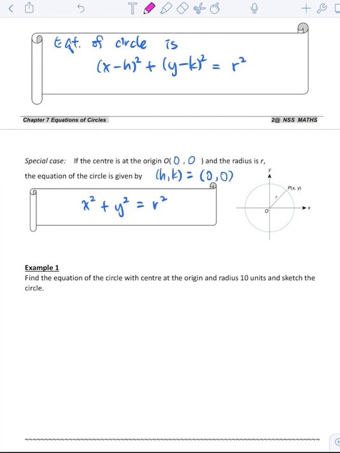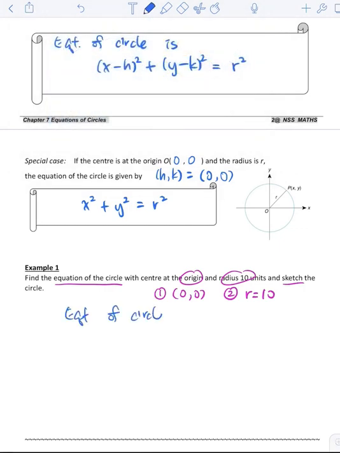Now let's study an example. We have to find the equation of the circle with center at the origin and radius equal to 10 units, and then sketch the circle. So first, the center is (0, 0), and second, the radius r is 10.